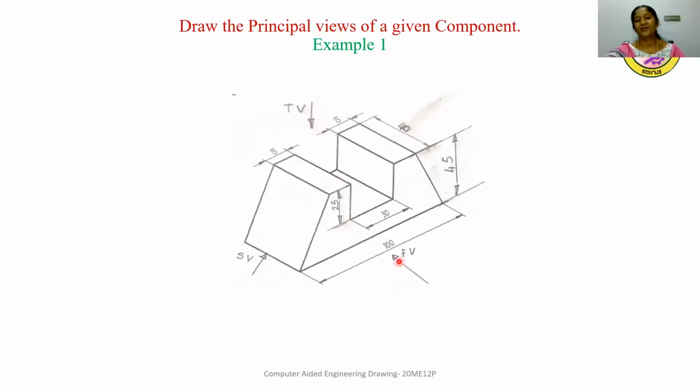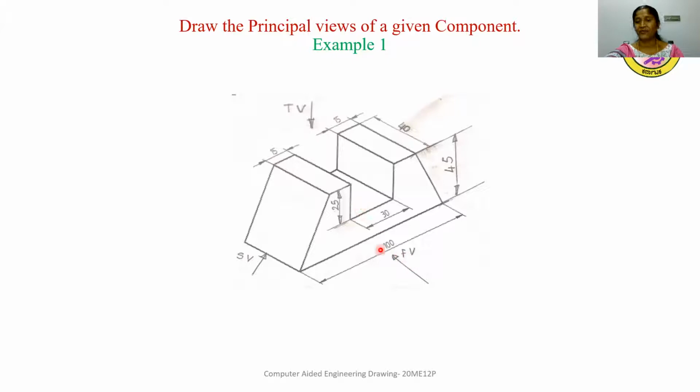If I observe from this direction, that is the front view, what I can see is nothing but a trapezium of base length 100 mm, and the top width is indicated as 15 mm. This width is 15. In between these two, there is a slot of 30 mm. So the top line of this trapezium will be 60 mm.